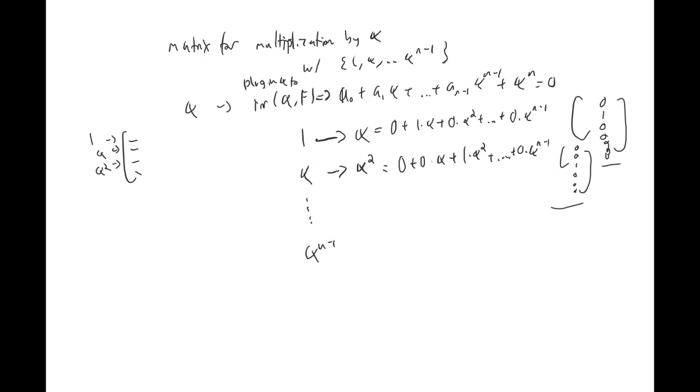Now it gets interesting here, because this is alpha to the n. But what's alpha to the n? If you look here, this is negative a_0 minus a_1 alpha minus ... minus a_{n-1} alpha to the n minus 1, right? So the coefficients should look like this, right?